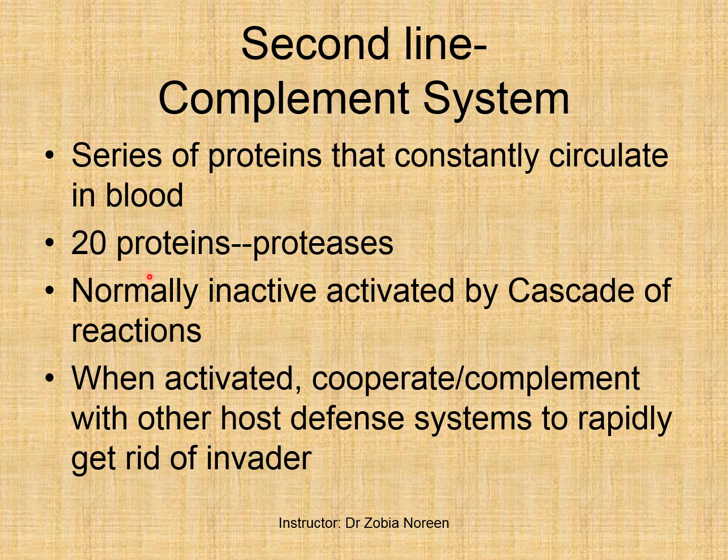So activation of one such protein activates another protein, which in turn activates another, which is referred to as a cascade of activation. These proteins are enzymatically active and they cleave other proteins.